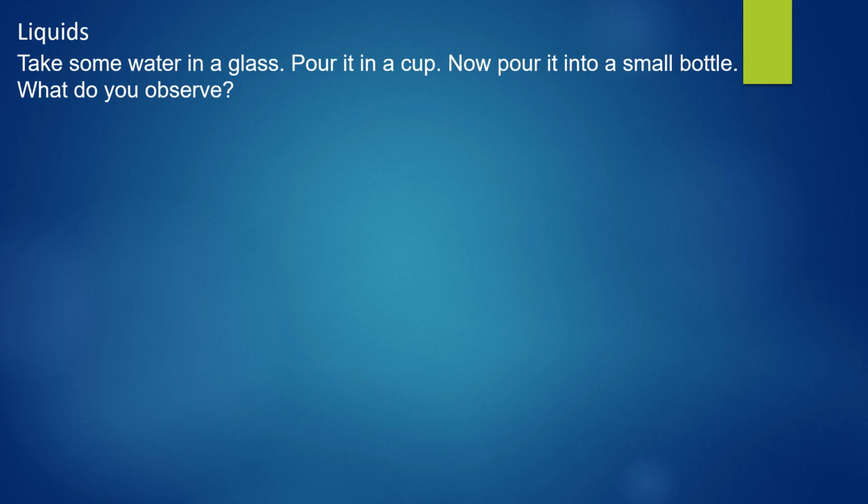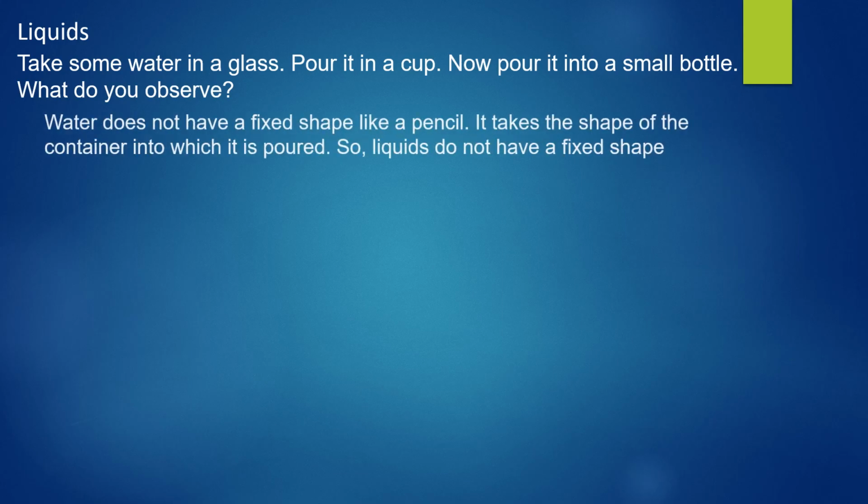Next, we are going to learn about liquids. So take some water in a glass. If you want, you can do this now also. Pour it in a cup. Now pour it into a small bottle. What do you observe?